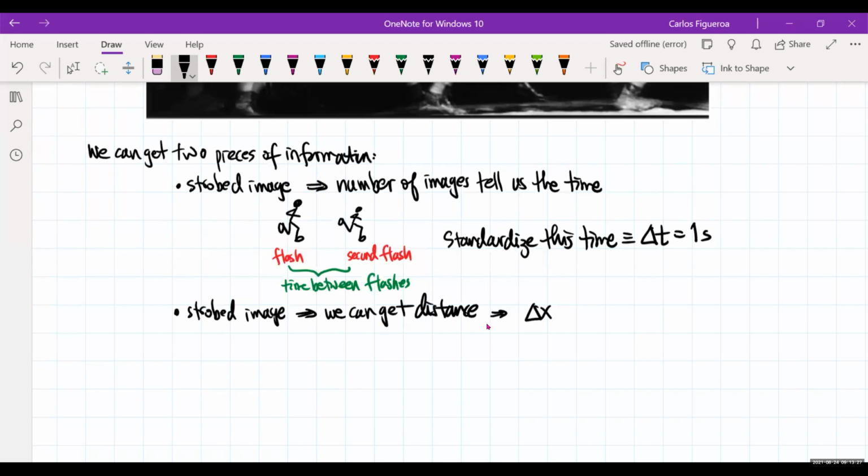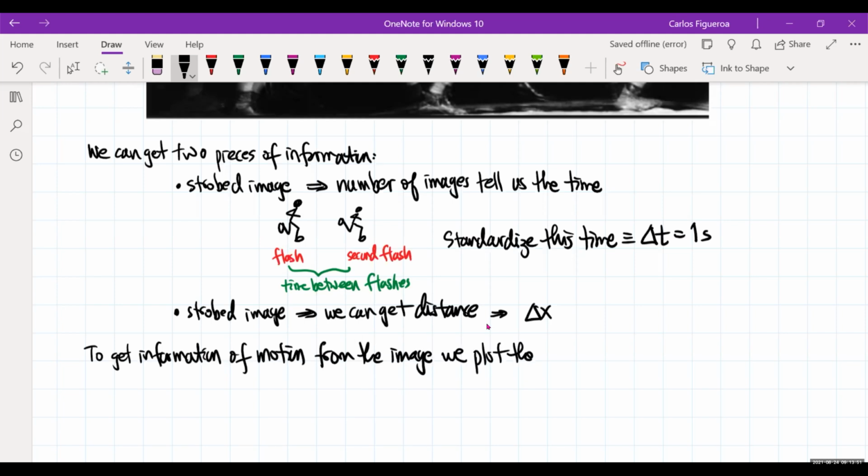So now, to get information of motion from the image, we plot the center of mass locations.